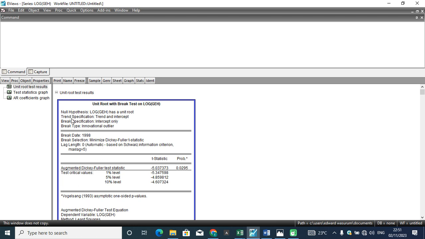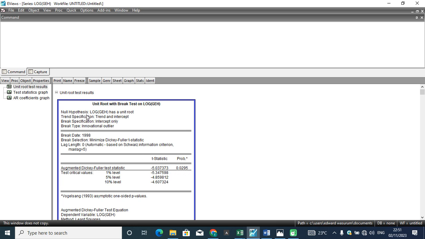So let's look at the hypothesis here: that government expenditure on health has a unit root. When we assume that a series has a unit root, we mean that the series is not stationary at level, or that the series does not converge to its mean. For this hypothesis to be accepted, the p-value needs to be above the threshold of 5%.